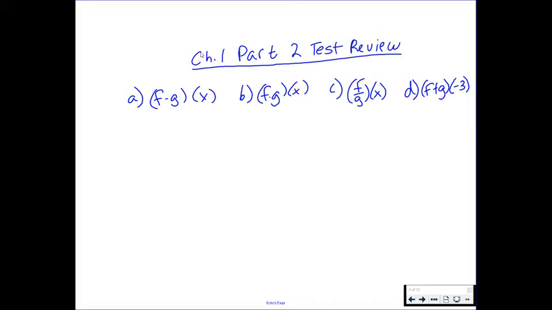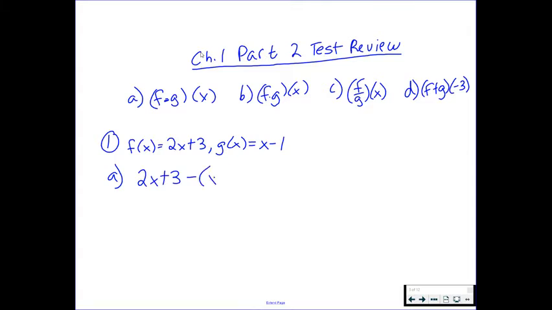On question 1, we're given two functions, f of x equals 2x plus 3, and g of x equals x minus 1. So for part A, my question states to take f minus g, and I'm just going to subtract those two values. F is 2x plus 3 minus g, which is x minus 1.